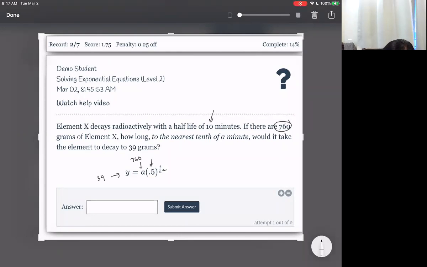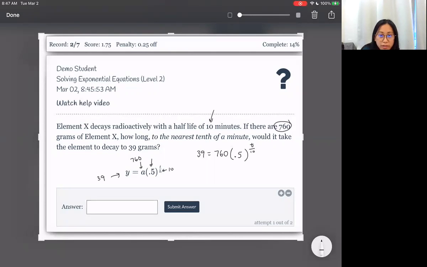So that is the H for half-life, and you're going to put the 10 over here. And once again, T is left as T because it's our unknown. We're going to solve for T. So I'm going to rewrite everything. We have 39 is equal to 760 times 0.5 to the power of T divided by 10.